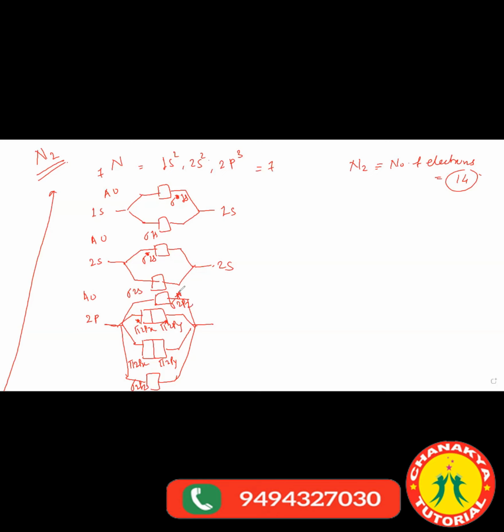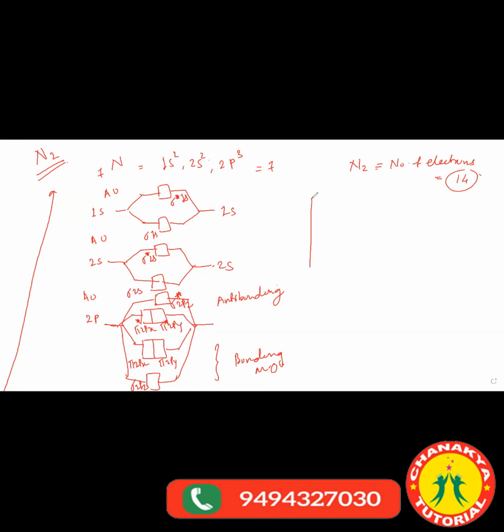Wherever there is a line above the orbitals, they would be anti-bonding, okay? And those which require less energy and are situated below are bonding molecular orbitals. These all things you need to keep in your mind.